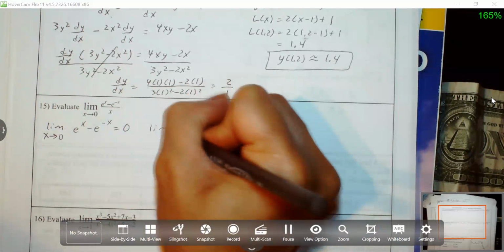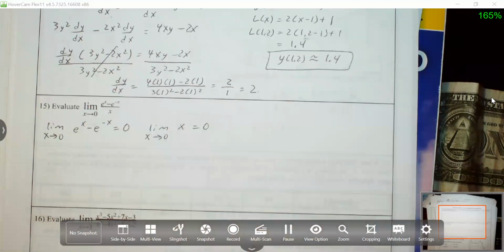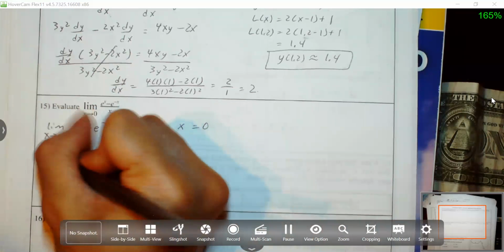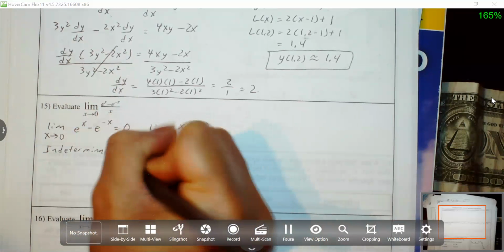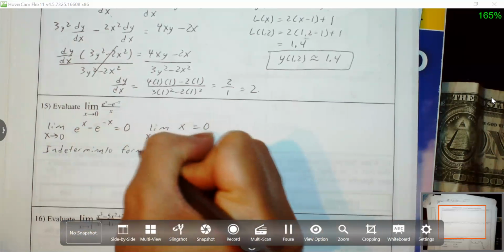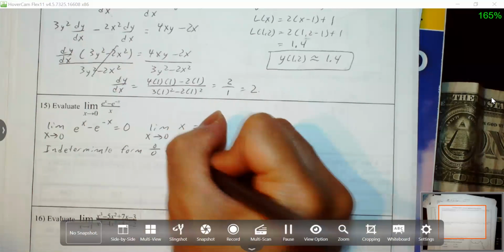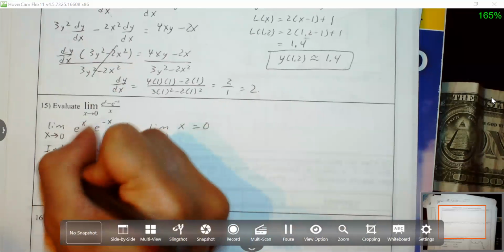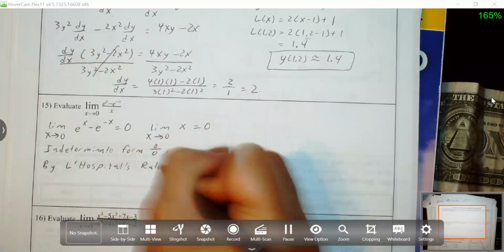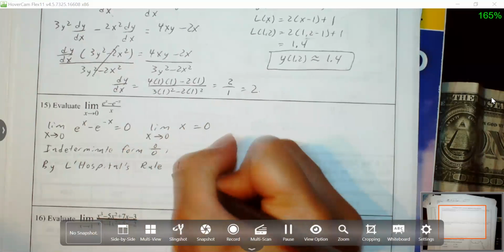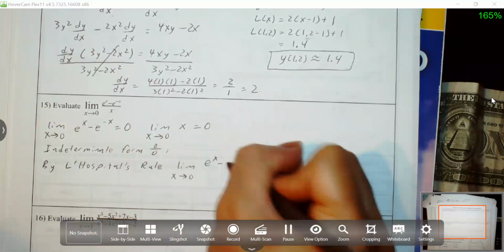And the limit as x approaches 0 of x is also equal to 0. So it's indeterminate form, 0 over 0. So then that means by L'Hopital's rule, the limit as x approaches 0 of this function.